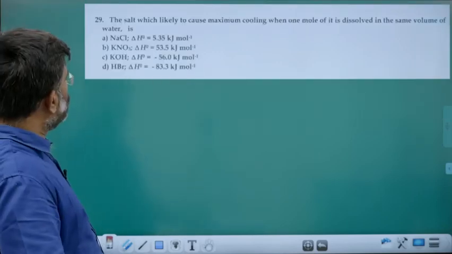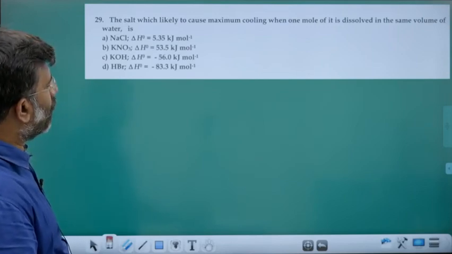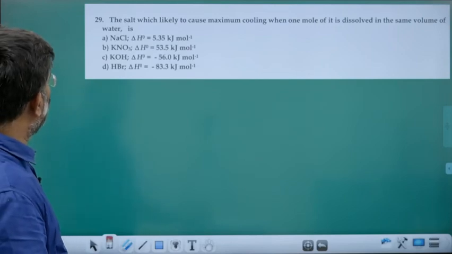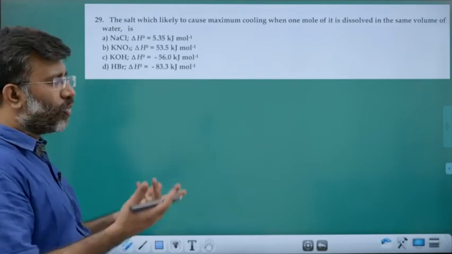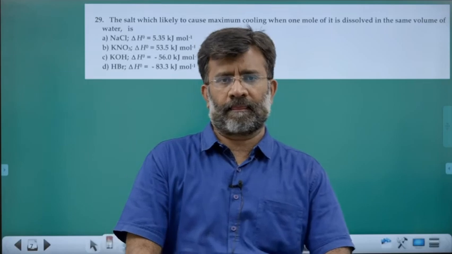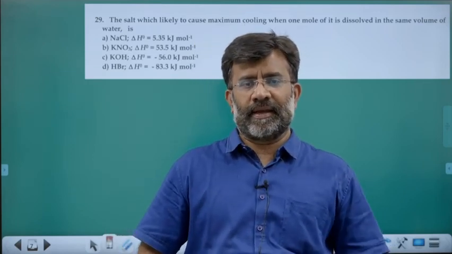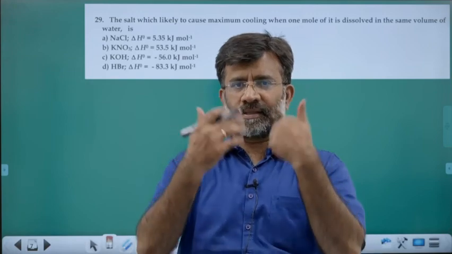The salt which is likely to cause maximum cooling when 1 mole of it is dissolved in the same volume of water. Maximum cooling means you get a cooling effect in endothermic reaction. In endothermic reaction, heat is absorbed.